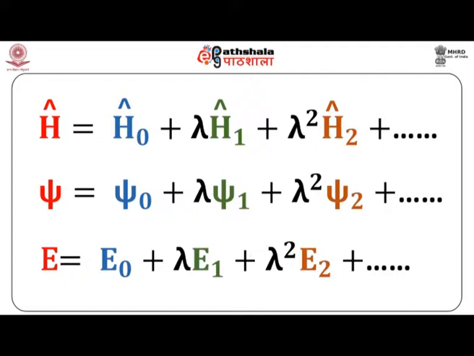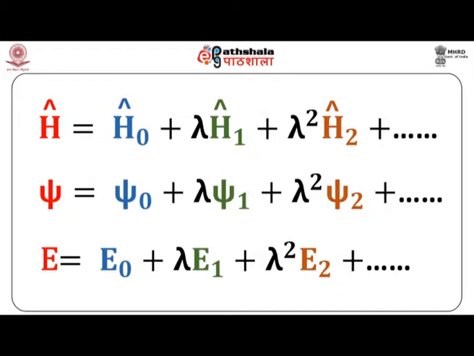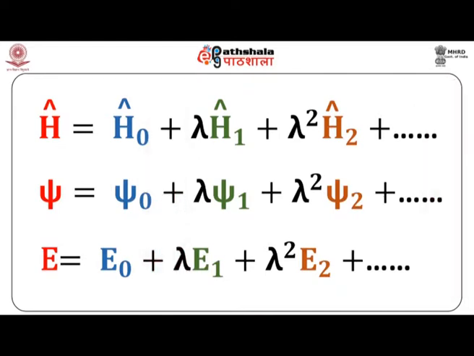In these equations, if you see carefully, the first terms, that is H0 cap, psi 0 and E0, represent the unperturbed system, whereas the rest of the terms represent the correction terms which include perturbation effects. So this is a very important point which you must keep in mind.